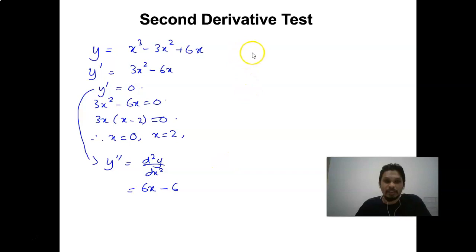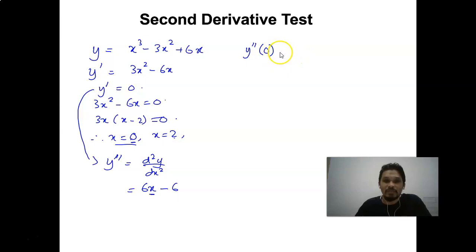Now let's use the second derivative. Use the value of x equals 0 first. The second derivative of y with respect to x, or y double prime, is 6x minus 6. We substitute the values of x that we get from y prime equals 0, which are 0 and 2.